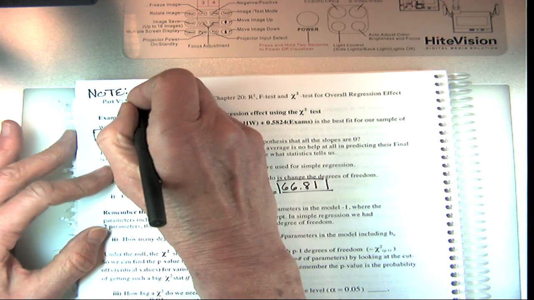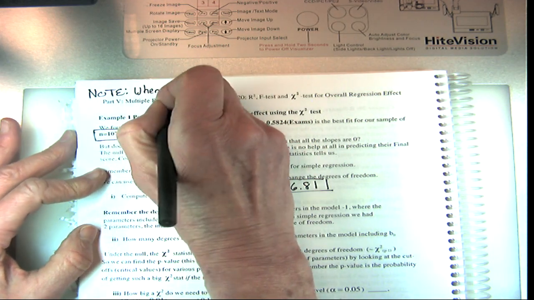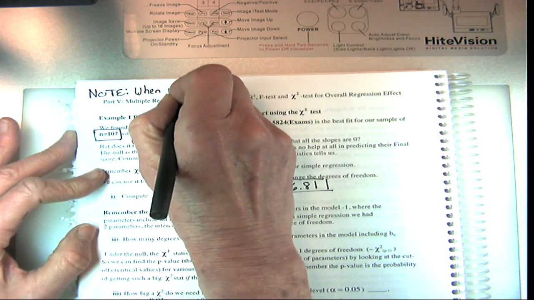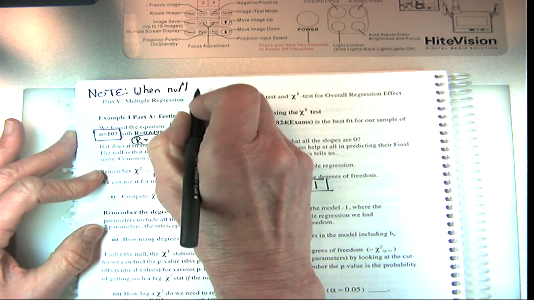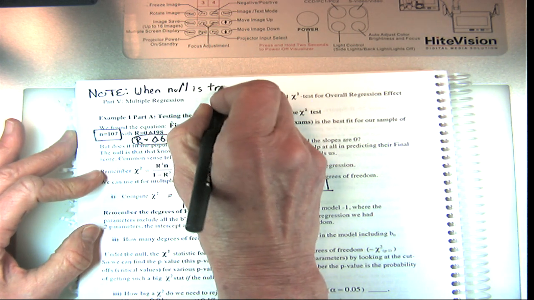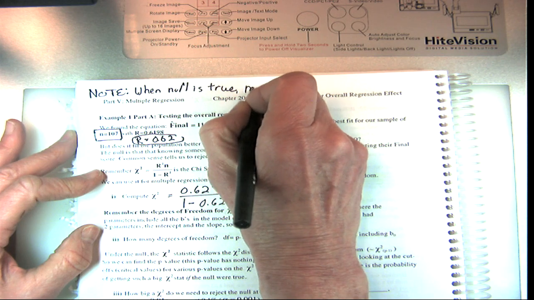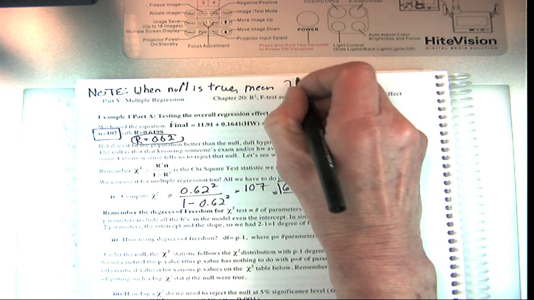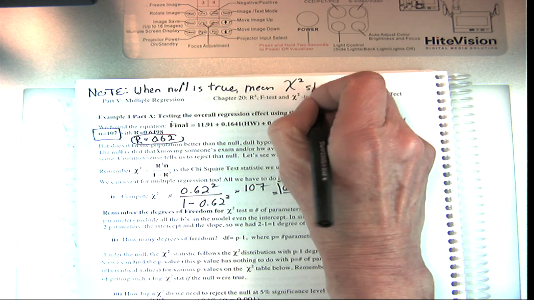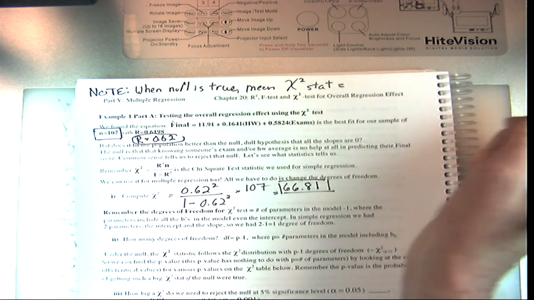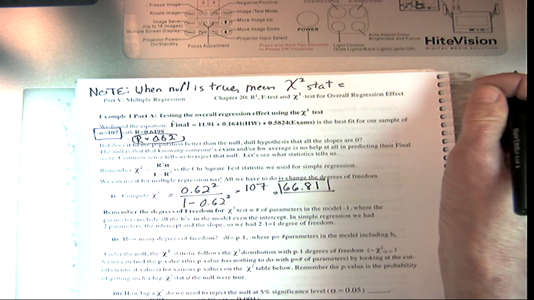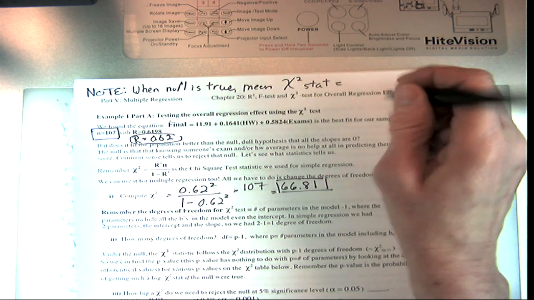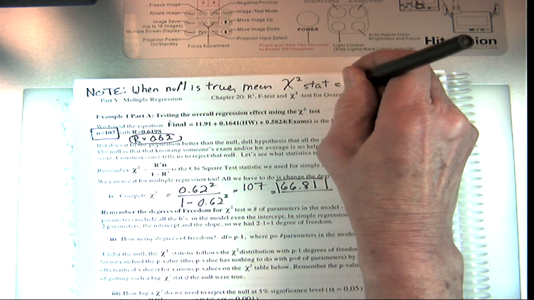Because when the null is true, the mean chi-square statistic is not equal to 1, but it's equal to its degrees of freedom.